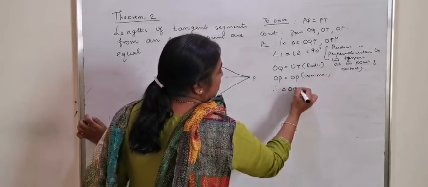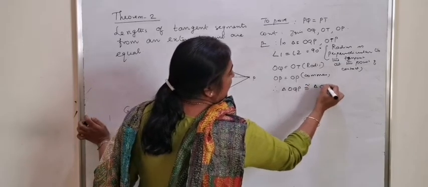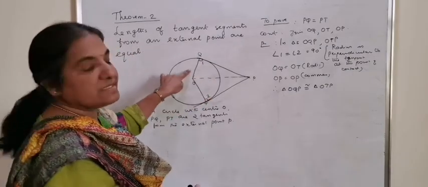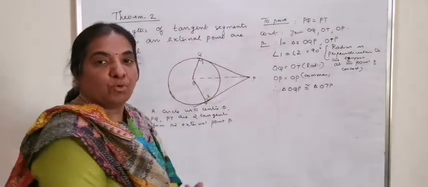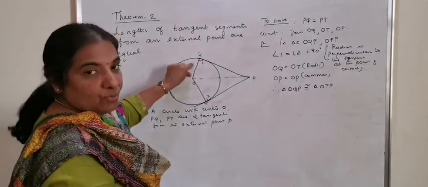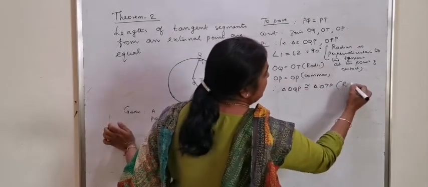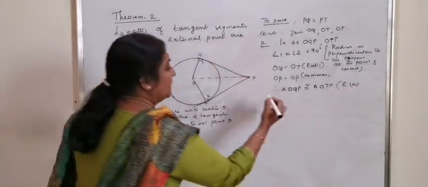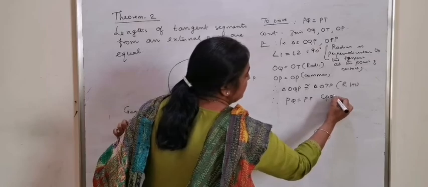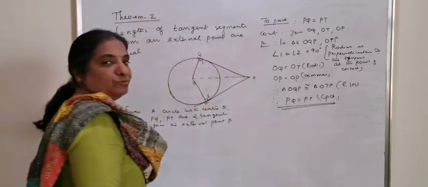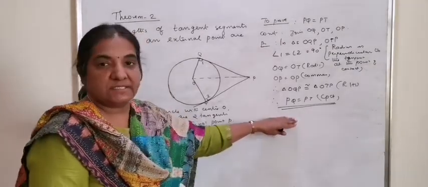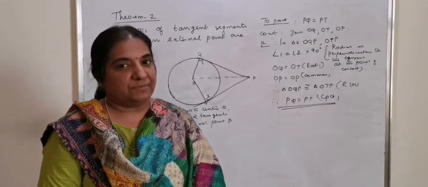Therefore, triangle OQP is congruent to triangle OTP by right angle, hypotenuse, side. That means we have considered OP, we have considered angle OQP as 90 degrees and the radius OQ, which shows that the congruence condition is RHS. Therefore, PQ is equal to PT as CPCT. The length of two tangents from an external point are equal and hence it is proved. This is an important 3-mark theorem.